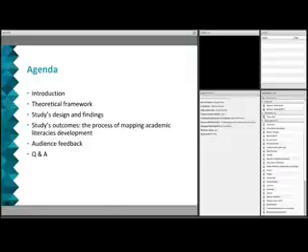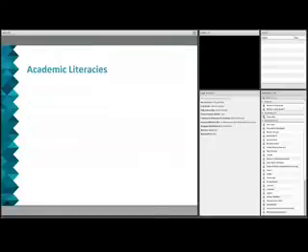So how are we using what we found to map the academic literacies development, and of course audience feedback and Q&A. But feel free to start sharing thoughts and ideas as I go, or if anything is not clear, it's better that we just unpack that, because we do have a little bit of time.